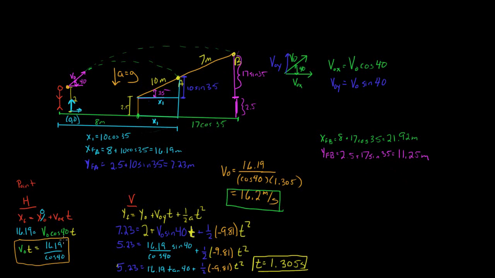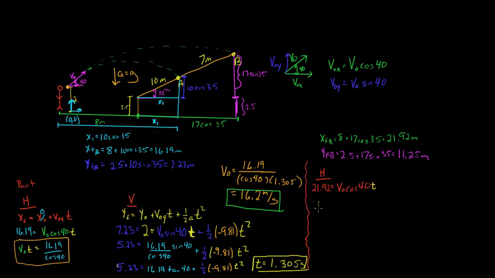So we're going to do the exact same thing. We're going to have this horizontal position, horizontal. Hopefully I can fit everything I need to. So horizontal is a final x position, so 21.92 is equal to its initial velocity, so this v naught cos of 40, times some time, and this time right here is t.